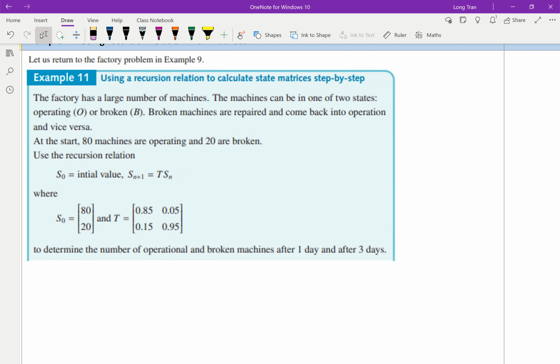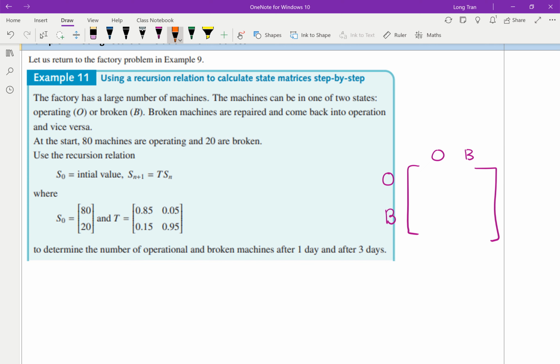This is one of the examples we had done previously together, where we looked at factory machines that were operating and broken. You remember in our previous examples, you had operating at the start of the day and broken, or by the end of the day, will it still be operating or will it be broken?